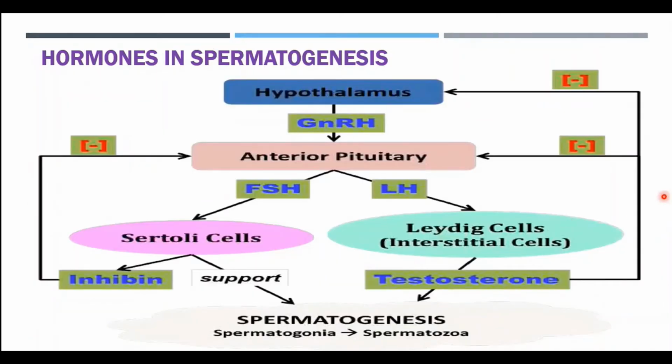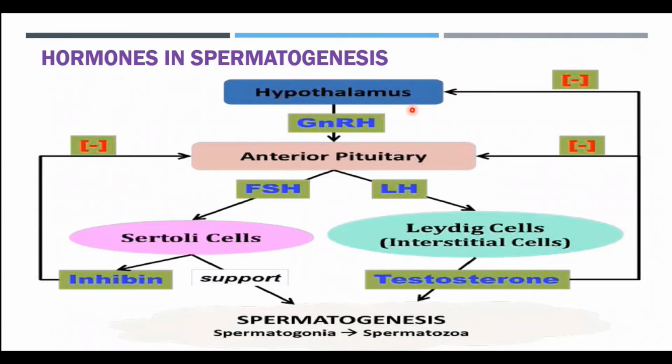Okay, and we should know that this spermatogenesis will involve hormones, and so there will be 5 hormones that you need to mention whenever you want to talk about spermatogenesis. Inside the brain, there will be a gland known as the hypothalamus. This is a very important gland, sometimes known as the master gland.